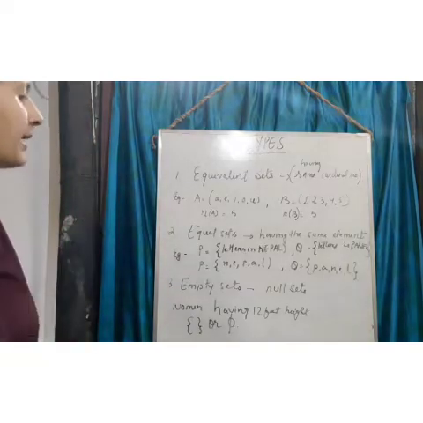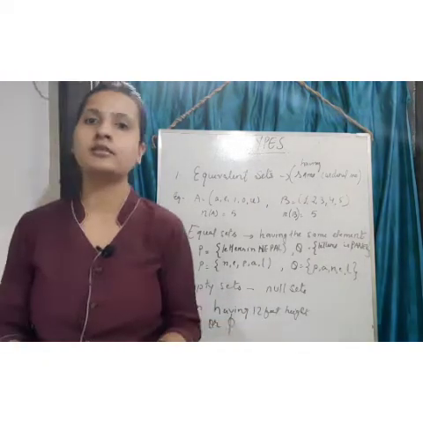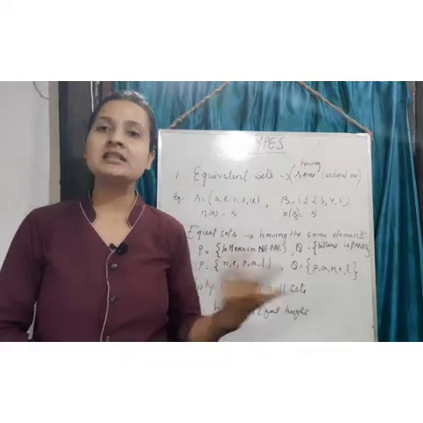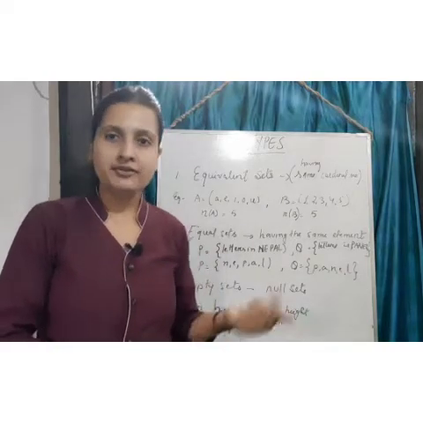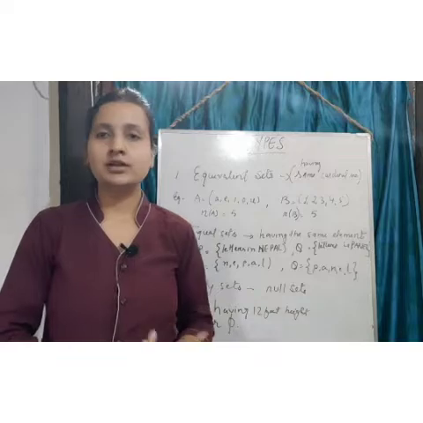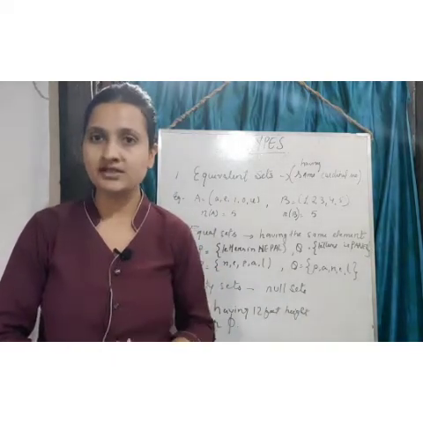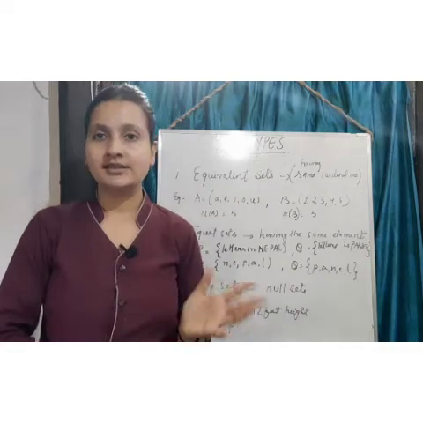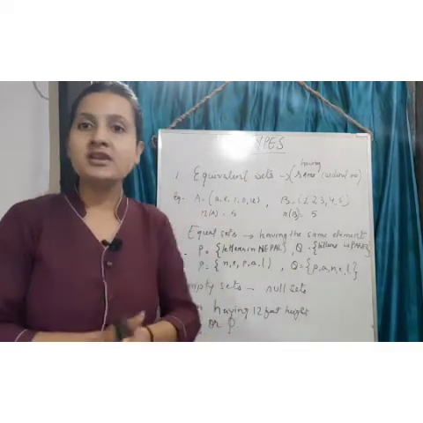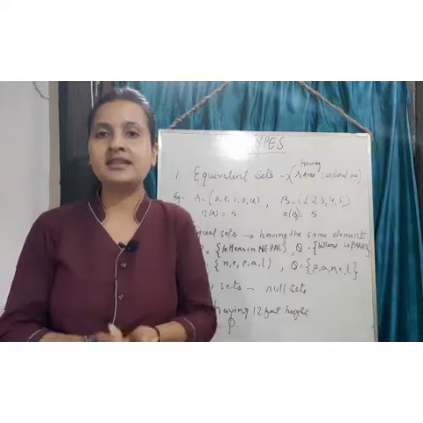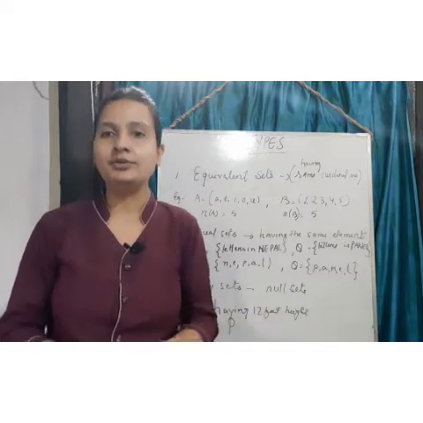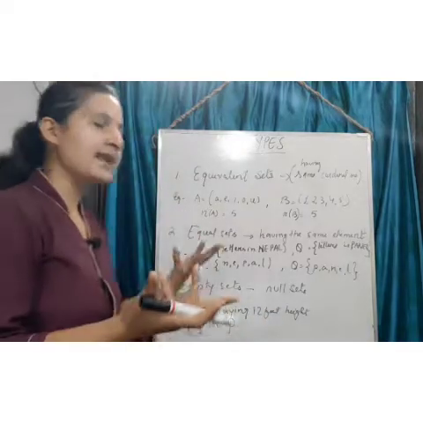The third is empty sets. Empty means what? Nothing, isn't it? It means it is a null set. Say, for example, if there is a girl or a woman whose height is 12 feet, is it possible? No. So it means it is null, it has no value, isn't it? It is empty.